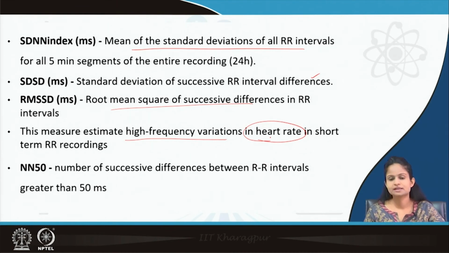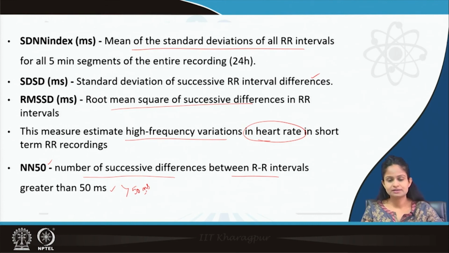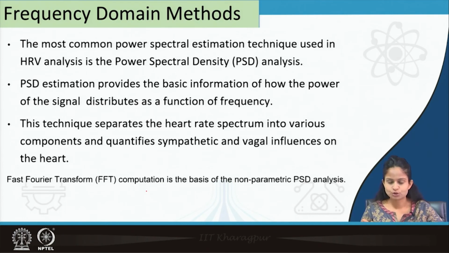It correlates with the vagally mediated activity of the heart generally. Then we have NN50, the number of successive differences between RR intervals greater than 50 milliseconds. So, these are the time domain measures, or the time domain analysis.